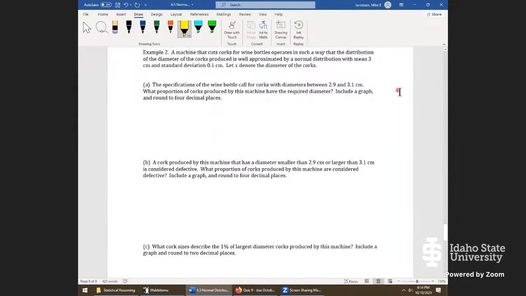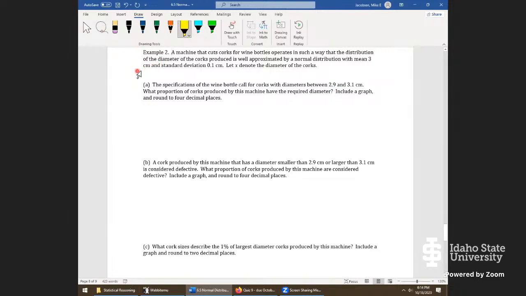It tells us a machine that cuts corks for wine bottles operates in a way that the distribution of diameter of the corks produced is well approximated by the normal distribution with a mean of 3 centimeters, standard deviation of 0.1 centimeters, and X will denote the diameter of those corks. So that's the situation so far.